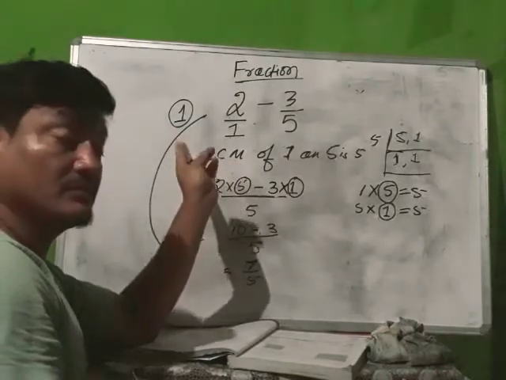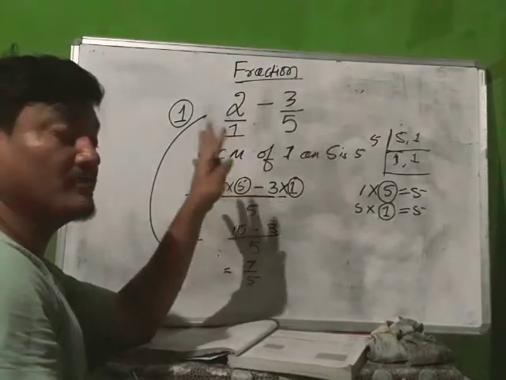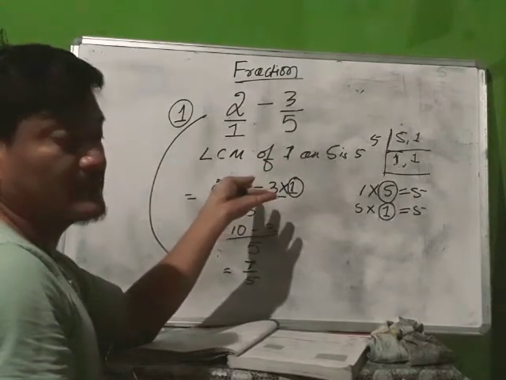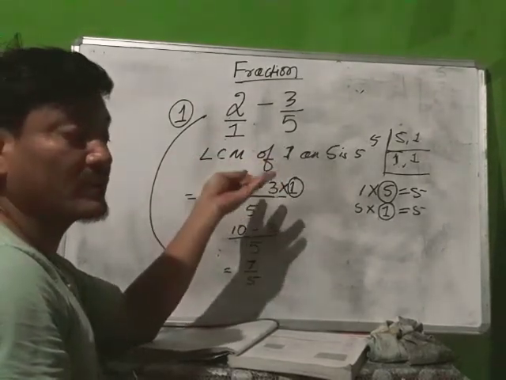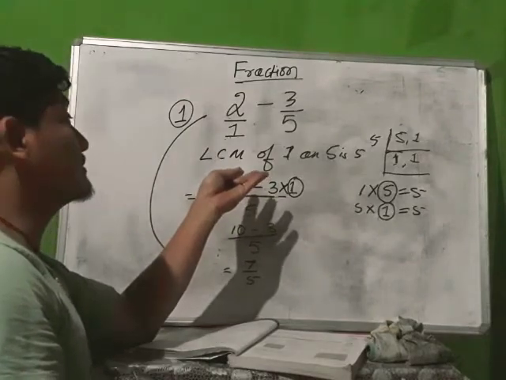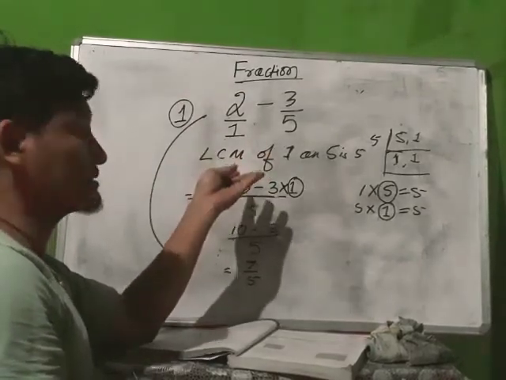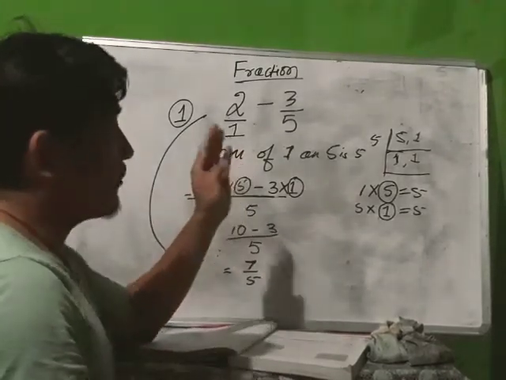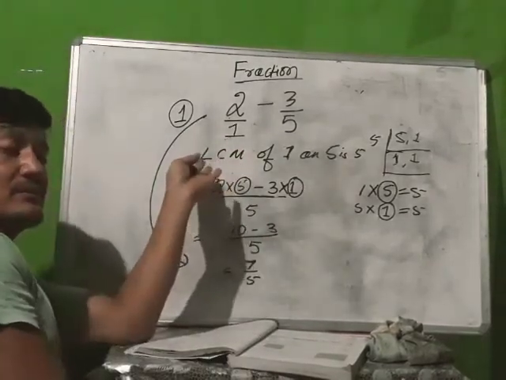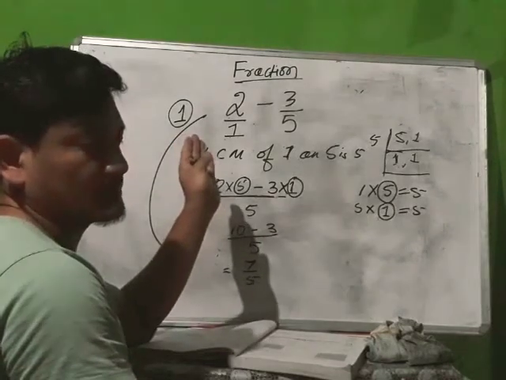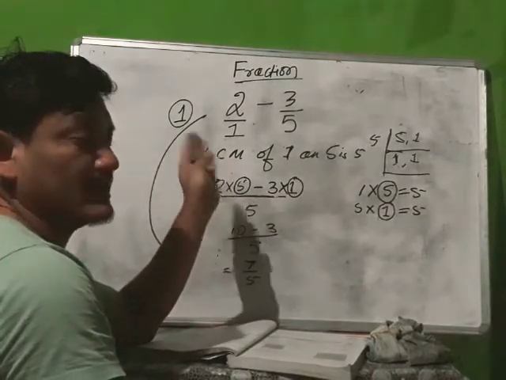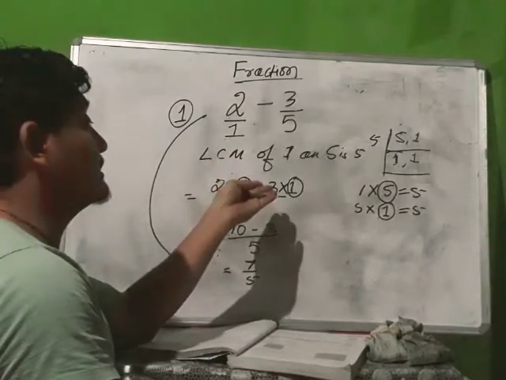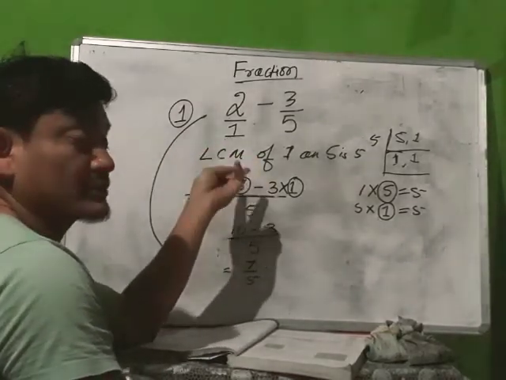Sometimes you may have two fractions, or sometimes you may be given more than two fractions. For subtraction and addition, the condition is that you need to find the LCM only when the denominators of the fractions are different.